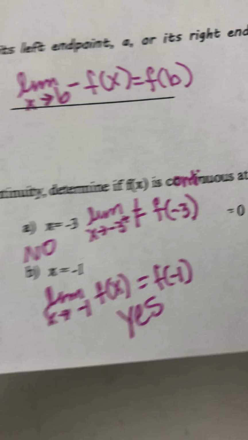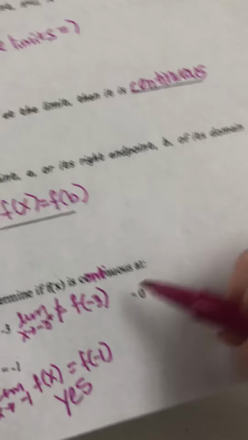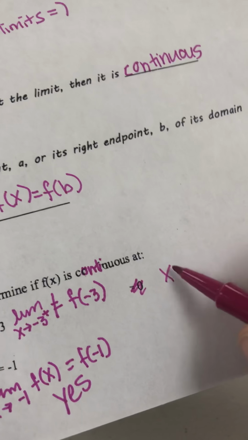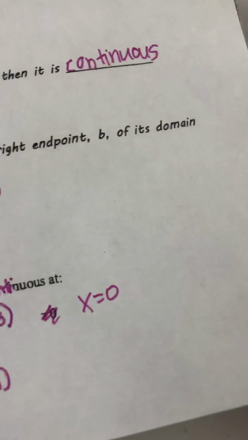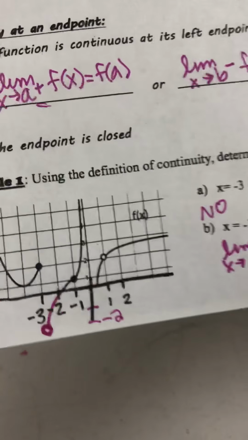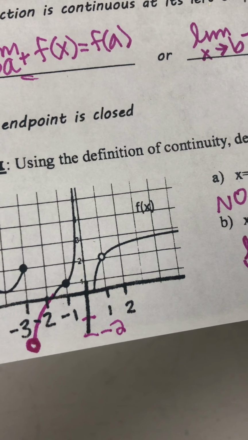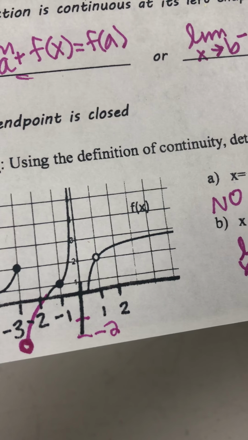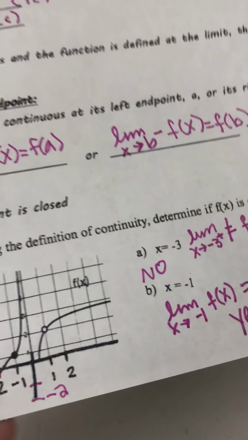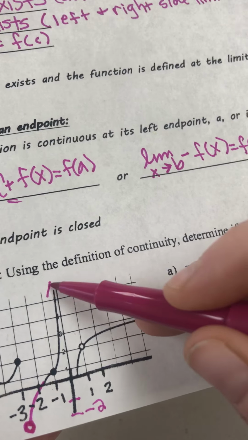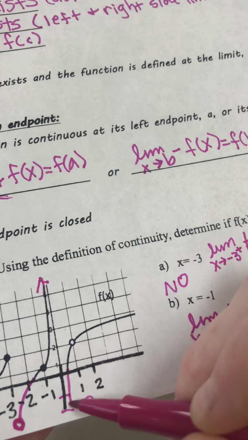Okay, and then the last one cut off here. Sorry about all these copy issues, but x equals 0, let's look at that. So from the left side, if you look at that, it's approaching positive infinity.